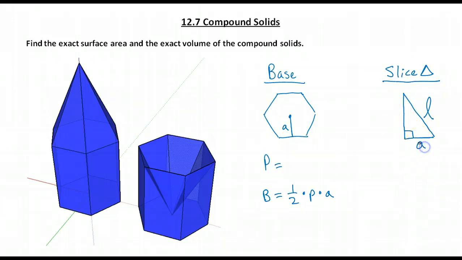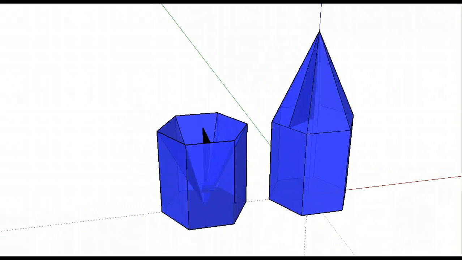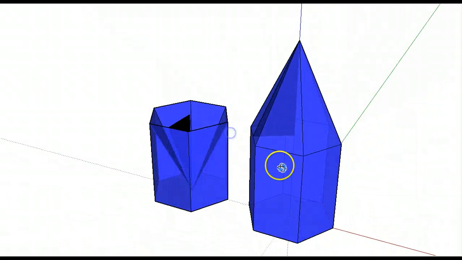One of the legs is going to be the apothem of my base, and the other leg is going to be the height of my pyramid. Now sometimes my slice triangle will be drawn this way, and sometimes my slice triangle will be upside down. Either way, I still have the same slice triangle.